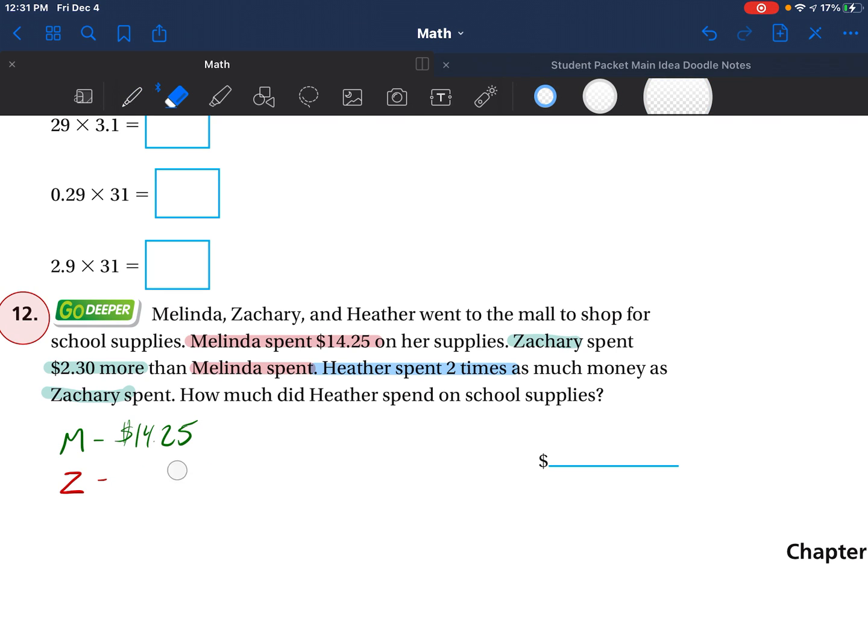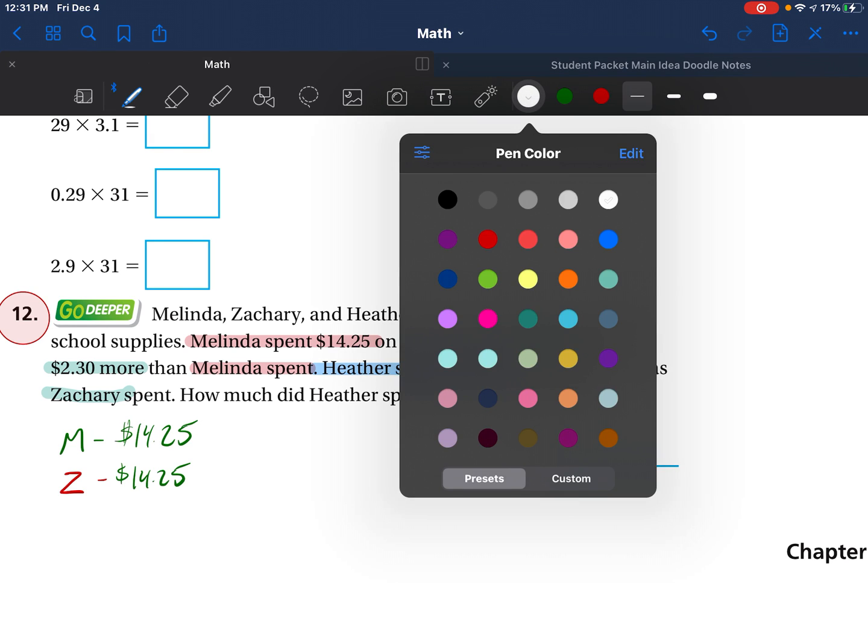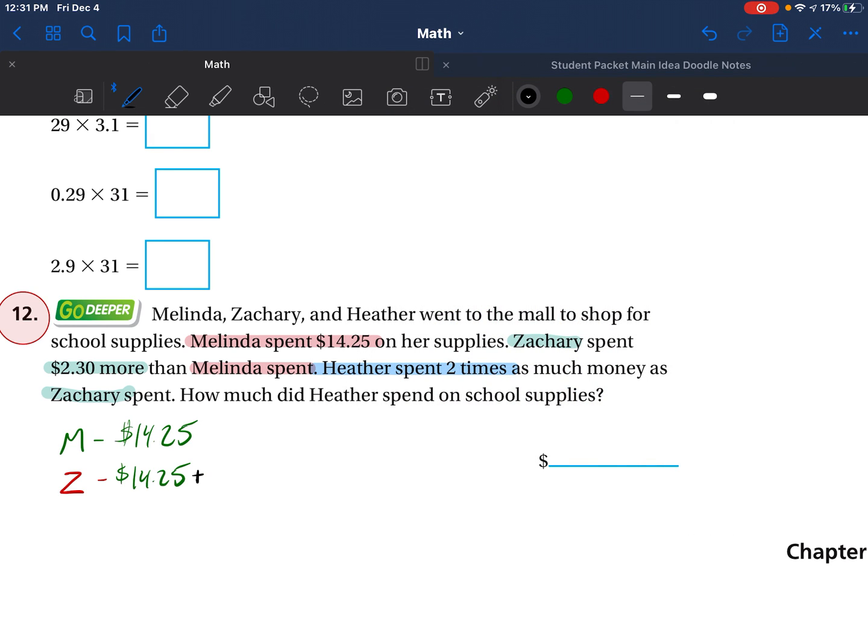Let me color code this a little bit better. So here's Melinda's total, and we know that he also spent $2.30 more, so that's going to be $2.30 here. And we can go ahead and solve that.